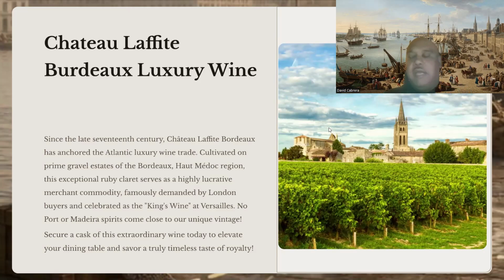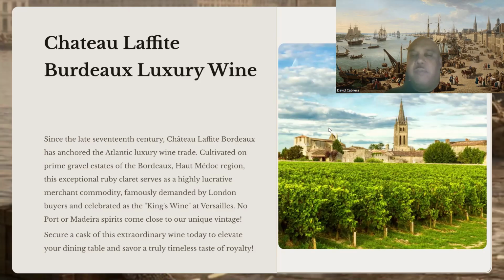So the wine is very pure. Its flavor is very unique. It doesn't need any additive or ingredients to maintain or preserve over long voyages across the oceans.